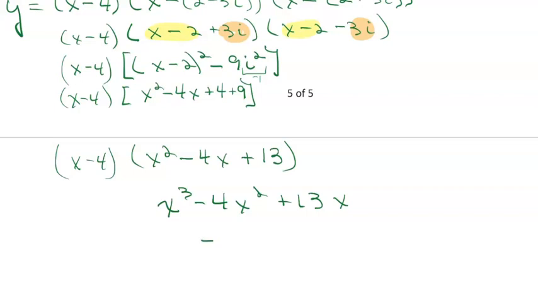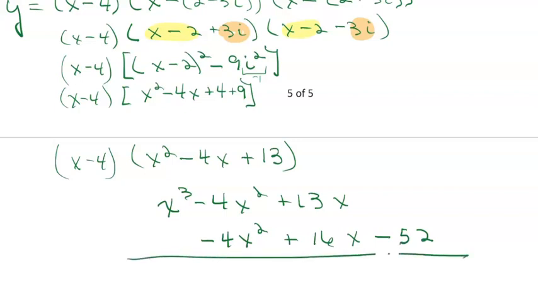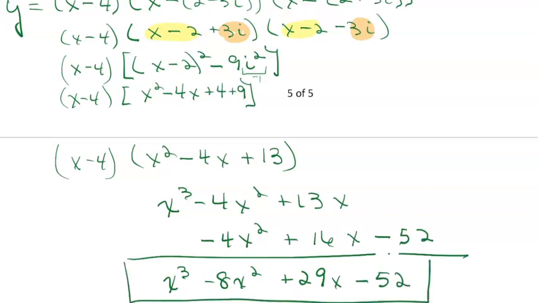That's going to give me negative 4x squared plus 16x minus 52. Now add them up vertically, adding your columns, and I'm getting this plus 29x minus 52, and there you go.